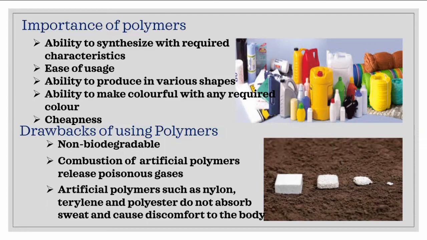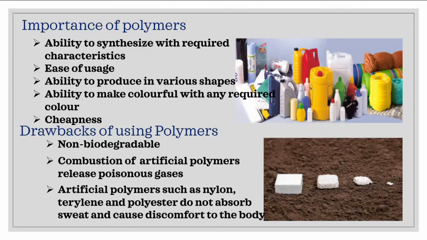And polymers can be produced in various shapes, sizes, and thicknesses. And also, different kinds of colorful polymers can be produced. And polymers are much cheaper compared to their alternatives of glass products and wooden products.